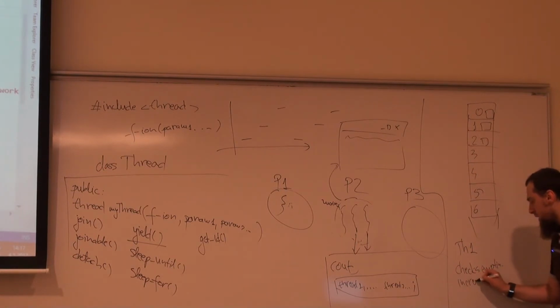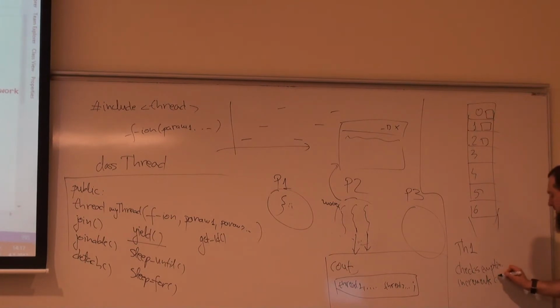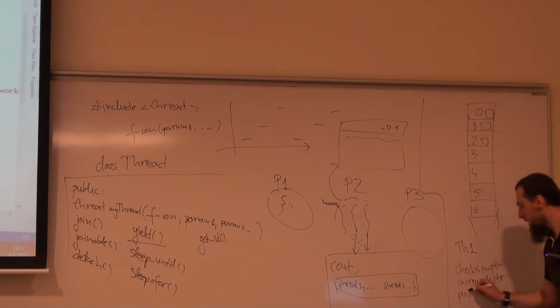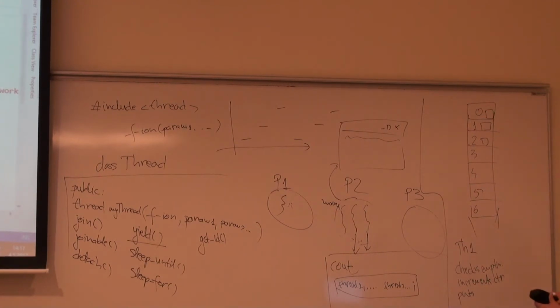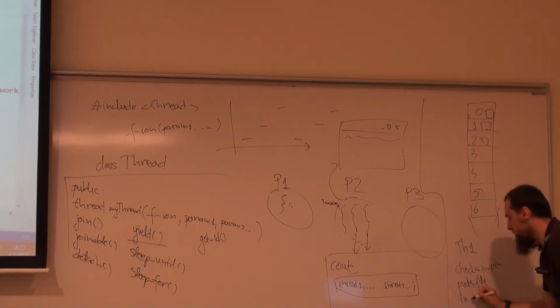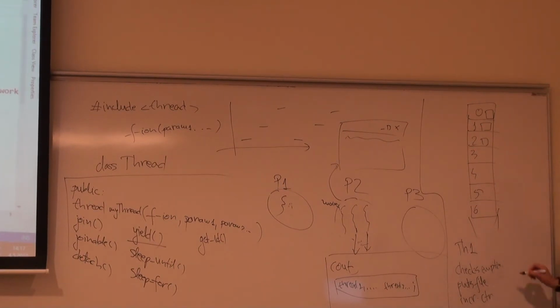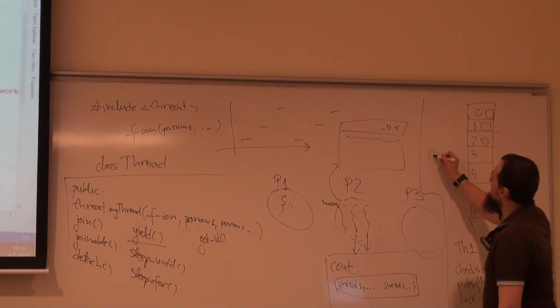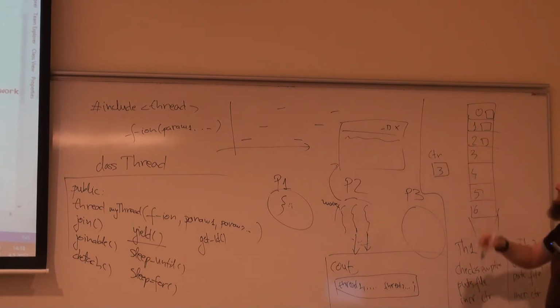Then it increments the counter, CTR, puts the file, or better, we might say that first it puts the file to be printed and increments the counter. Exactly the same thing is done by another thread. So it checks emptiness, puts the file, and increments the counter. The counter for the time being is at 3, meaning this is empty.